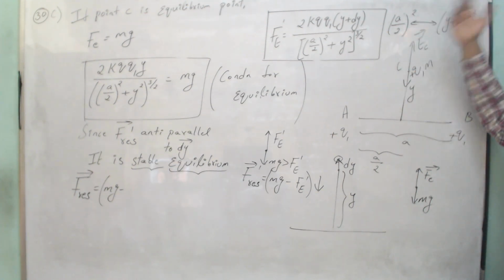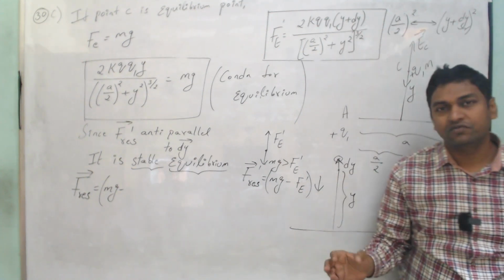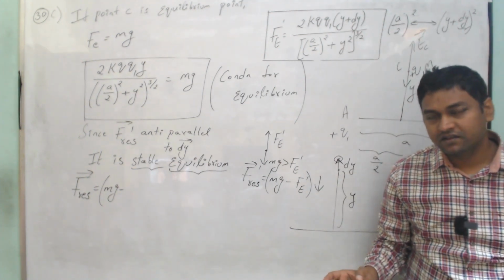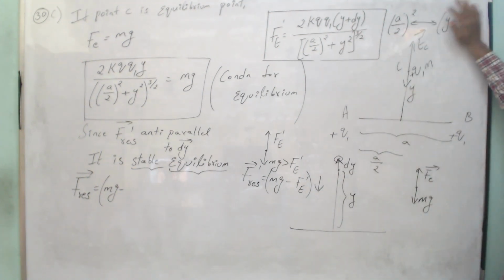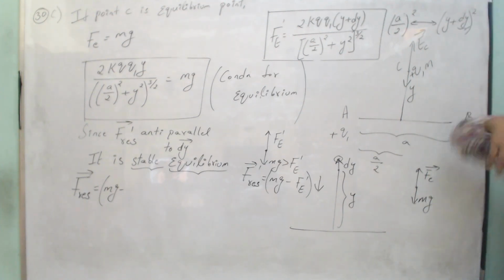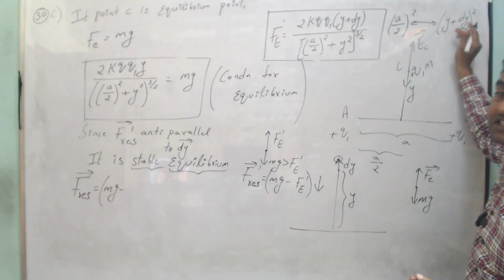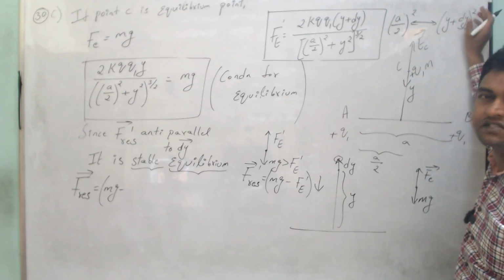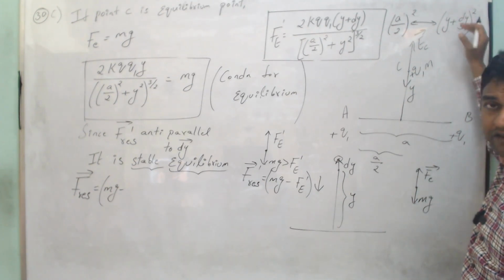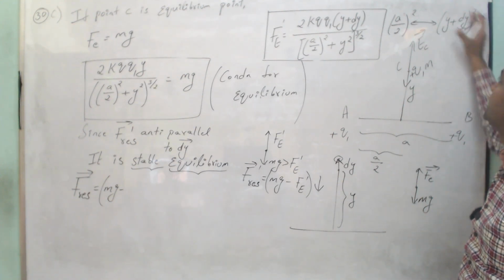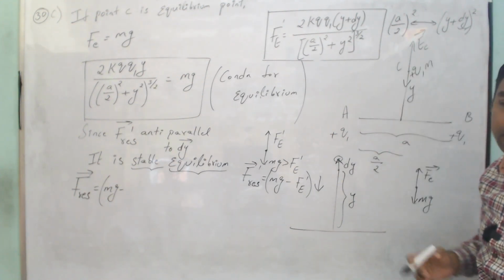And dy square will be definitely less compared to y square. So I can let go of that entire thing. So that's why I just mentioned it in short, that when I have y plus dy whole square where dy is very, very small and we have a square of it, I simply can write it as y square.